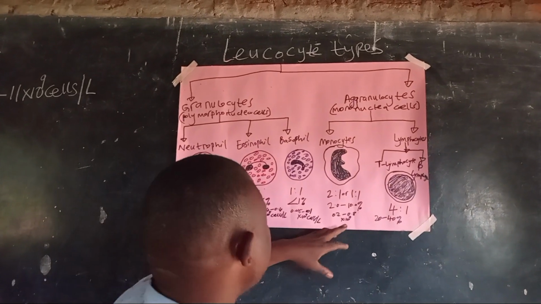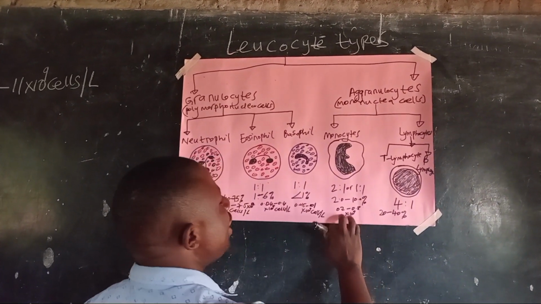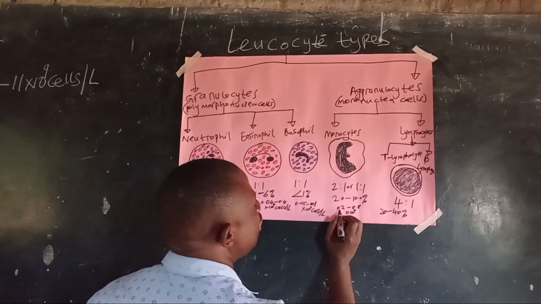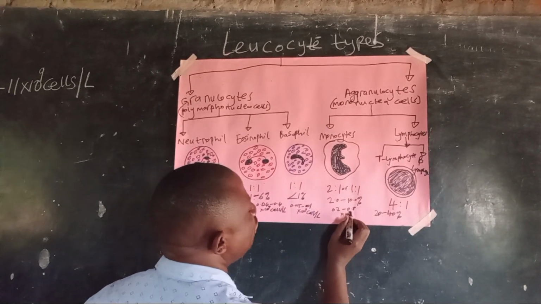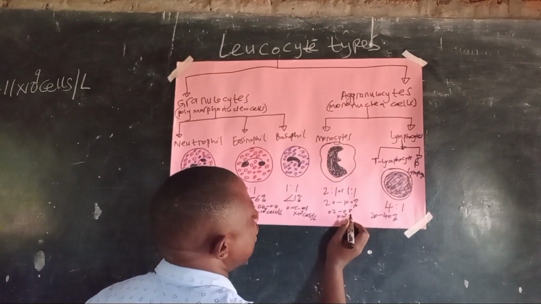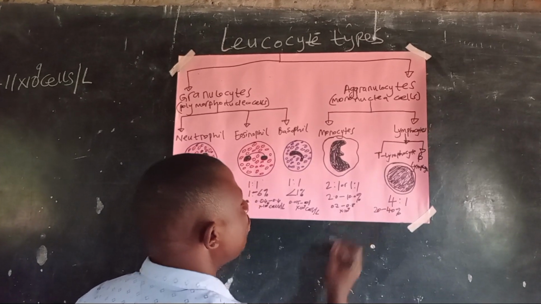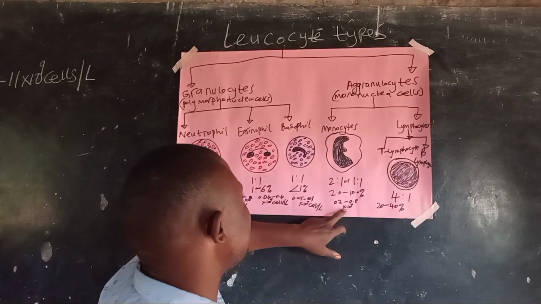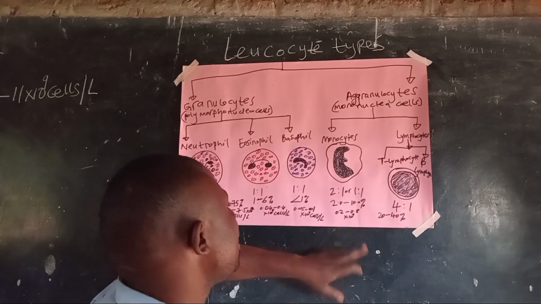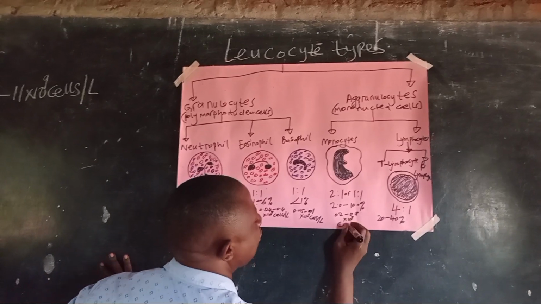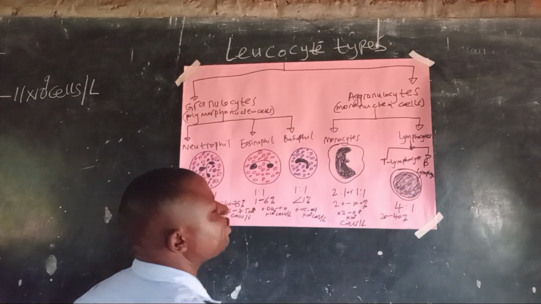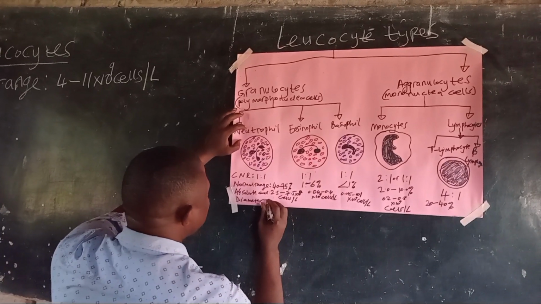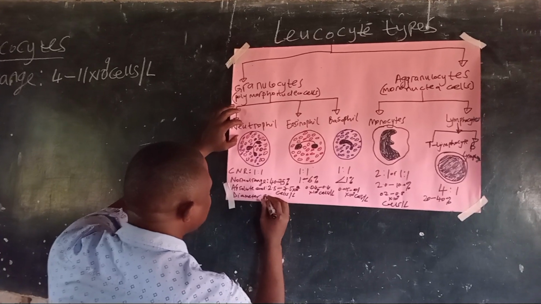Then here the absolute count is 0.2 to 2.8 times 10 power 9 cells per liter. This is between 8 to 16.